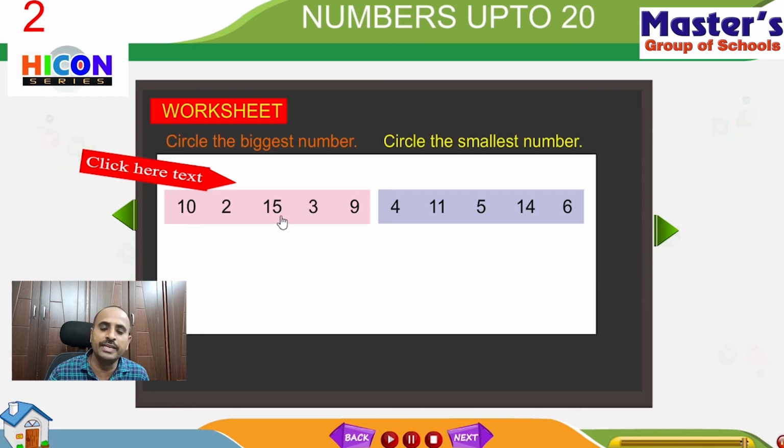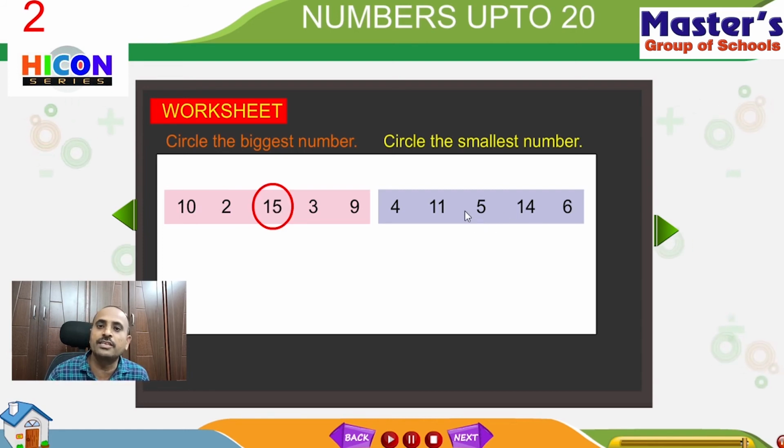So the biggest number is 15. So children, see the next set of numbers. Here we have to circle the smallest number in the given set of numbers. So here also 5 numbers are given in the set, that is 4, 11, 5, 14, 6. So here the smallest number is 4. So circle the number 4.